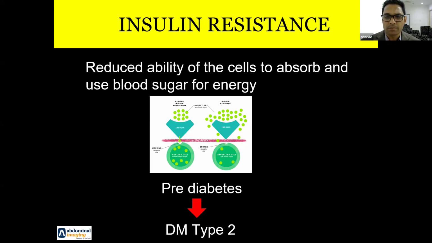It is nothing but that our cells have a reduced ability to absorb blood sugar for energy. So this leads to more insulin secretion than what is required, a pre-diabetes stage, which then progresses to diabetes type 2.